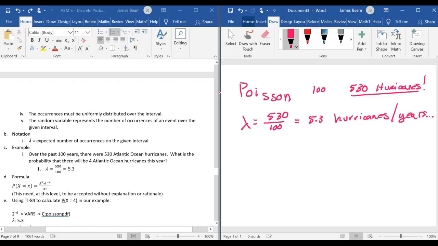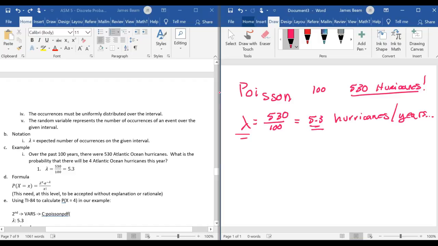Now, fact of the matter is that this is actually one of the evidences that we point to for climate change, because the lambda in the Atlantic Ocean is actually increasing. So it's not a constant. But we can keep pretending like it's not happening. But right now, we got other fish to fry. So this is lambda. Let's say lambda is a constant.